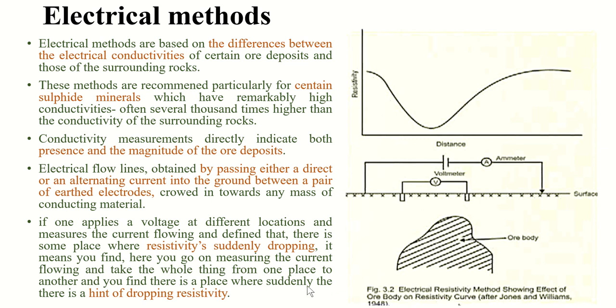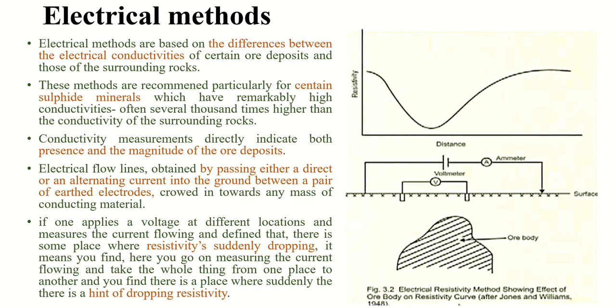So there we found a hint of the dropping resistivity, due to which we can estimate it. We can get the idea about the ore body. Then we start trials, after that we get the sample, and then other processes are performed.